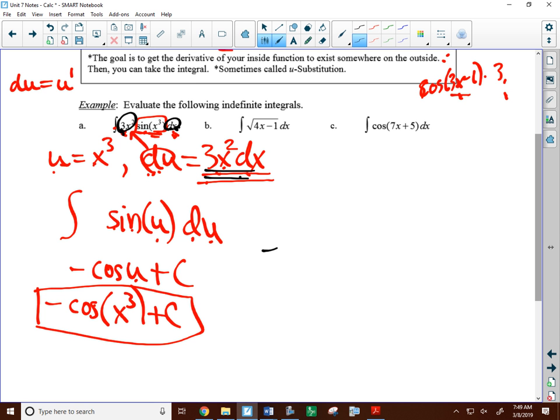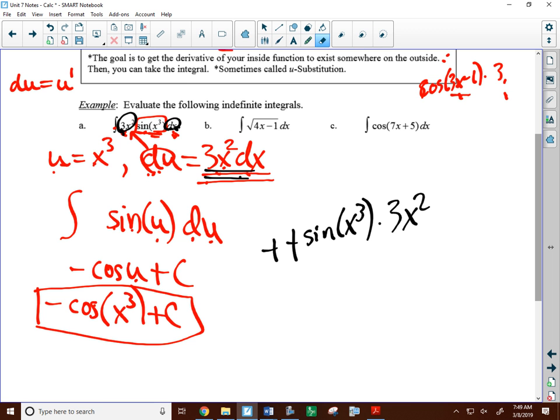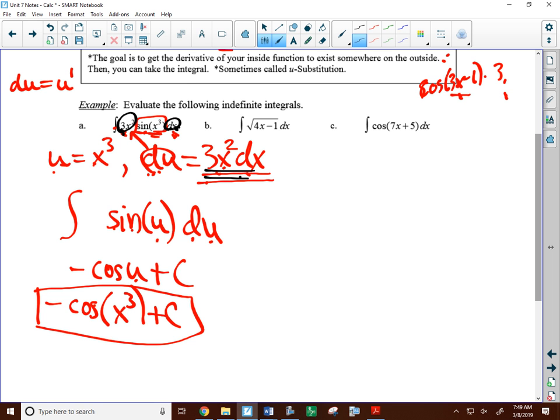If I did the derivative of this, cosine's derivative is negative sine of x cubed, times the chain rule, with the derivative there would be 3x squared. And that's what we started with. So on all of these, you can actually check every single one by doing the derivative at the end. So, okay, that's our first one.